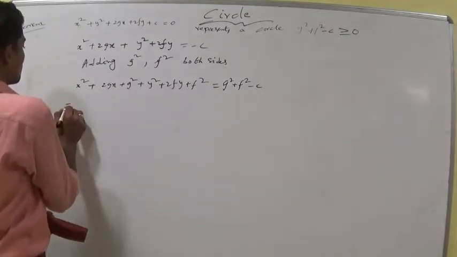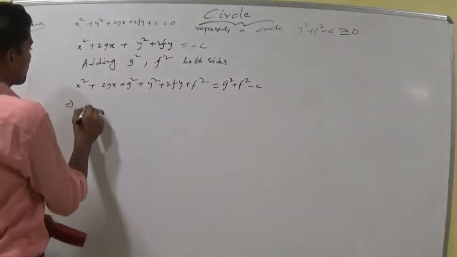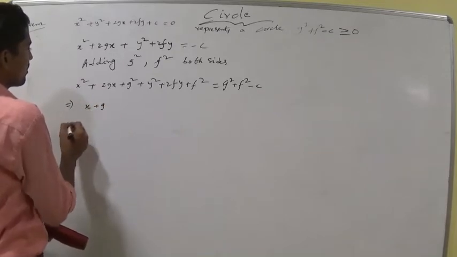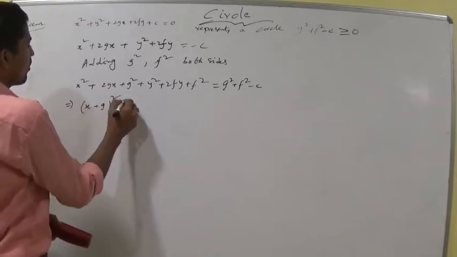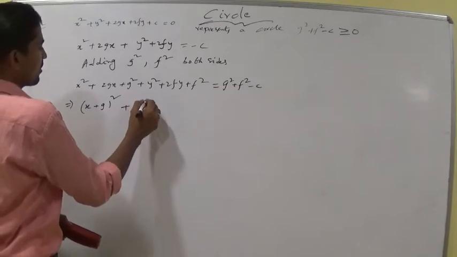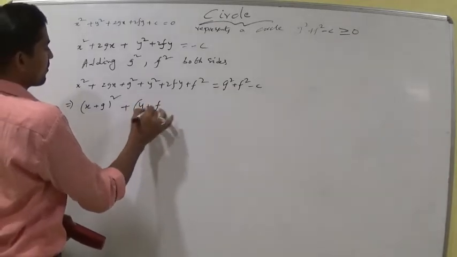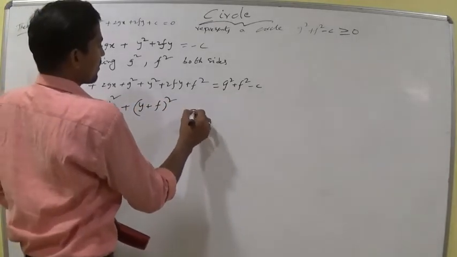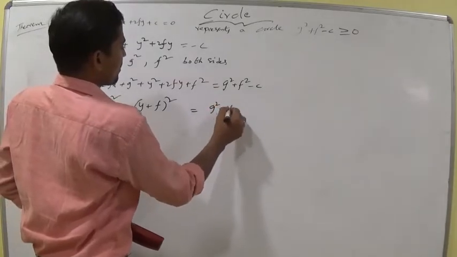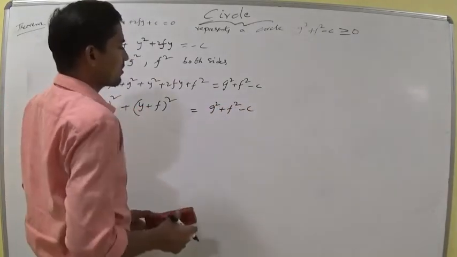Now this can be written as (x plus g) whole square plus (y plus f) whole square is equal to g square plus f square minus c.